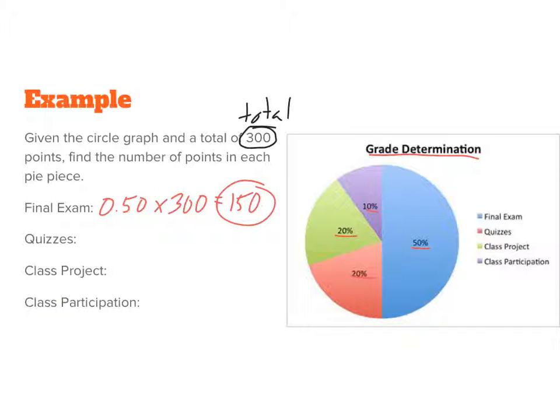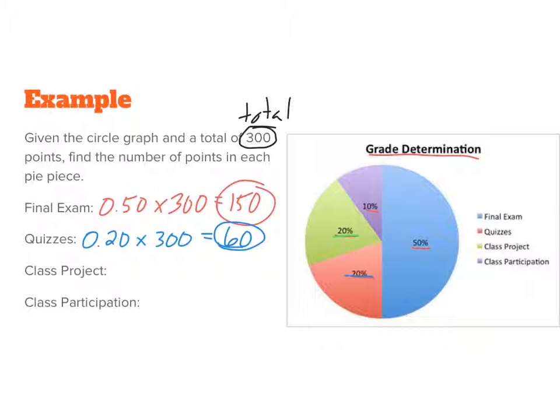For our next one, for quizzes, 20% is the quiz score. So I take 20% as a decimal, so 0.20, and I'm going to multiply that by 300, which is the total. So 20% of 300 is 60. So 60 points go from the quizzes to figure out the student's total grade.